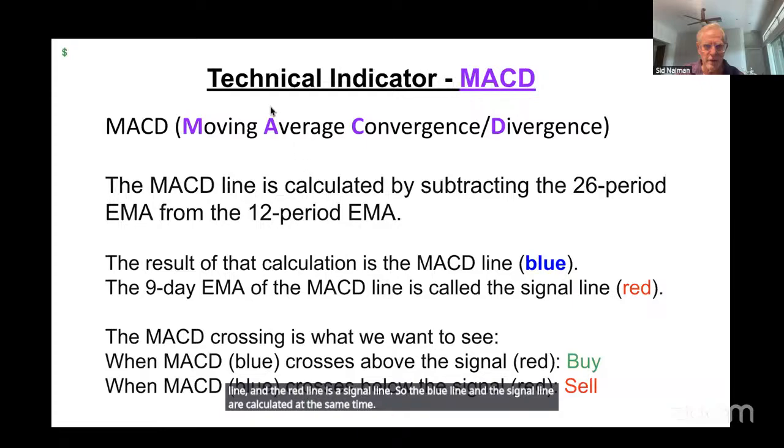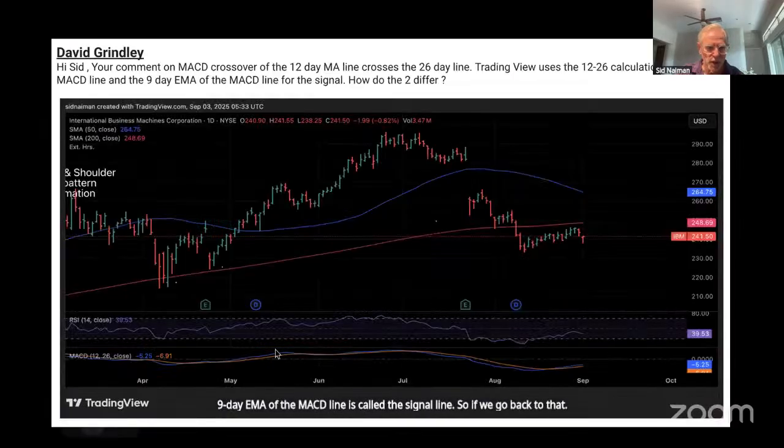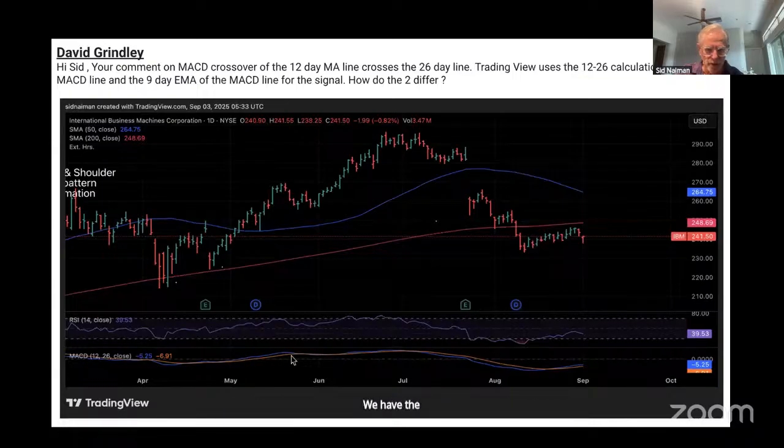Matter of fact, the technical indicator here is the MACD, moving average convergence divergence. The MACD line is calculated by subtracting the 26-period EMA from the 12-period EMA, and the result of that calculation is the MACD blue line. The 9-day EMA of the MACD line is called the signal line. So if we go back to that, we have the blue line, which is the MACD line, and the red line, which is the signal line, and the calculations are done.